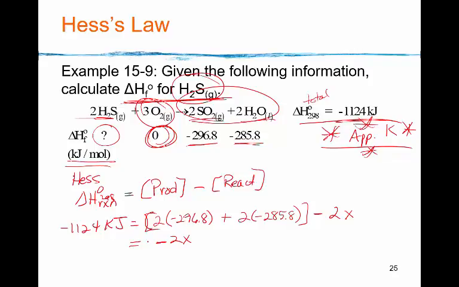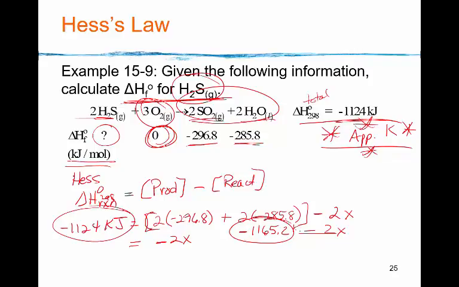What you're going to find is you're going to add those two numbers together, 2 times minus 296.8, and then added to another 2 times minus 285.8. So that's going to give us a total of a negative 1165.2 minus 2x.